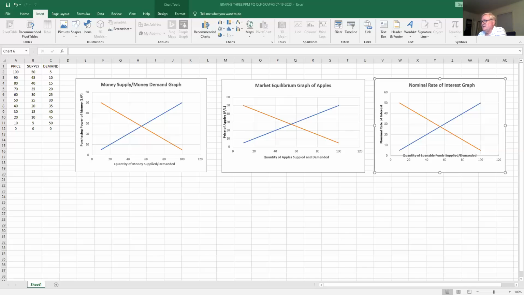And it does. The price of apples, P over 1, subscript 2, is less than P over 1, subscript 1. Price has decreased. And again, it's consistent with our result in the first graph.